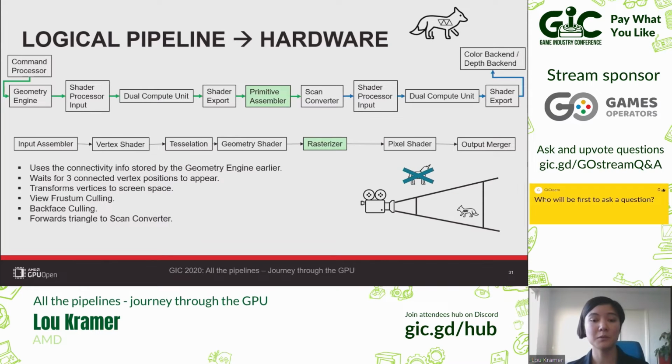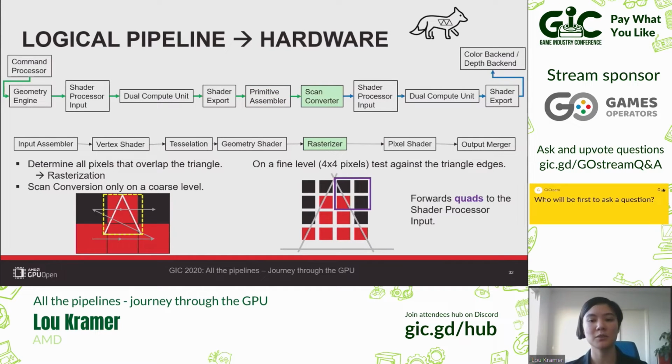So it does custom culling, for example backface culling, so that we already discard triangles that are not seen on your screen and that we don't need to process further. It's already doing this kind of thing just to reduce the amount of work that's needed. And then after all this post-processing, the triangles get forwarded to the scan converter. And the scan converter does the actual rasterization.